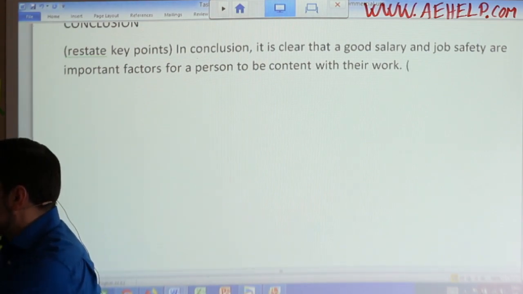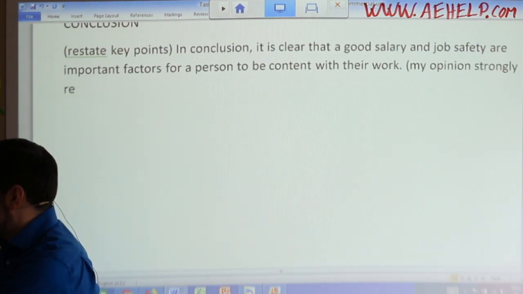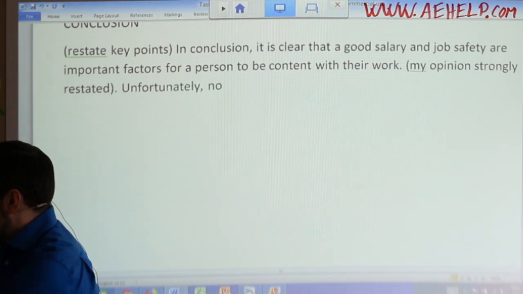Unfortunately, so this is my opinion strongly restated. Unfortunately, not all jobs allow for a high pay or worker safety.